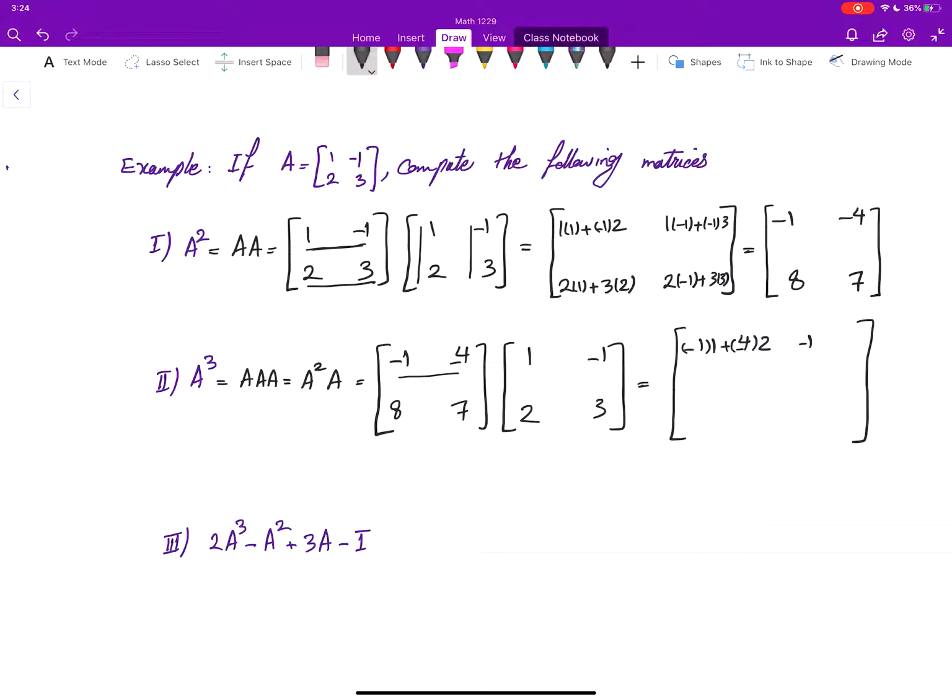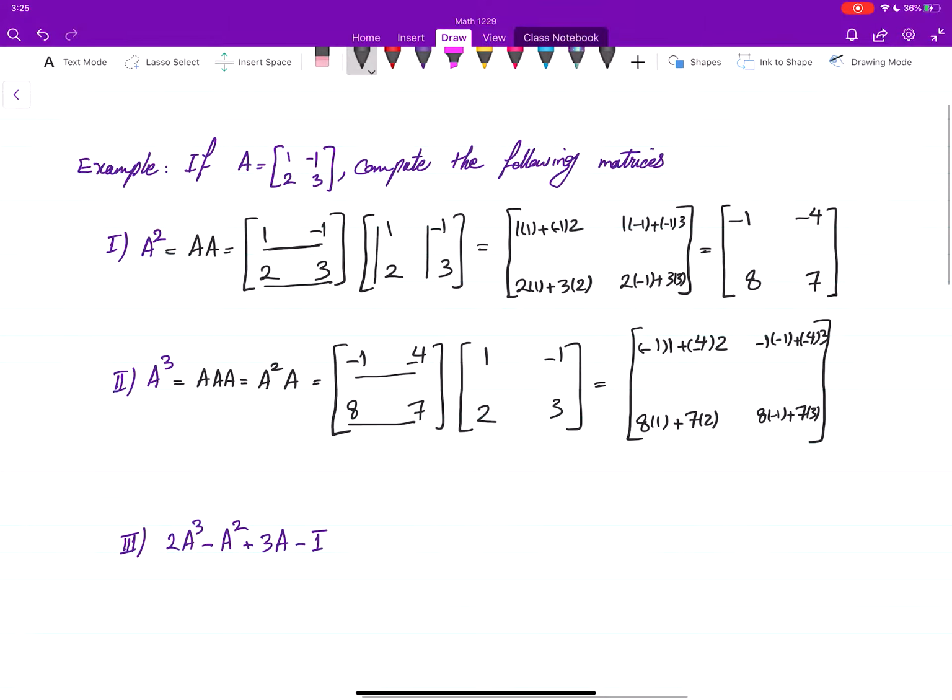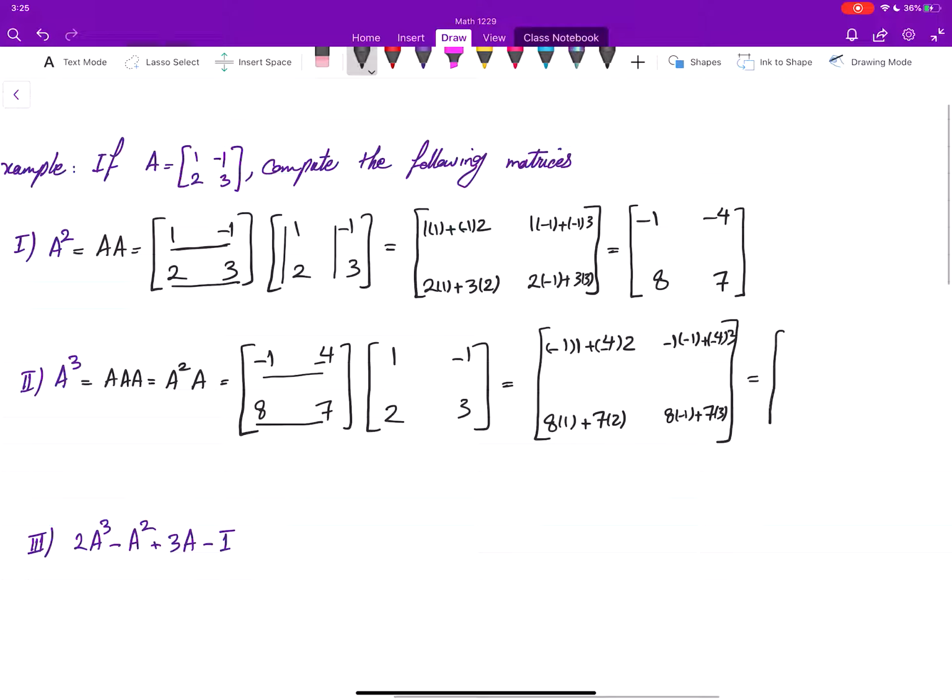Negative 1 times negative 1 plus negative 4 times 3. Then 8 times 1 plus 7 times 2. 8 times negative 1 plus 7 times 3. So the matrix A cubed is another 2 by 2 matrix with these entries.